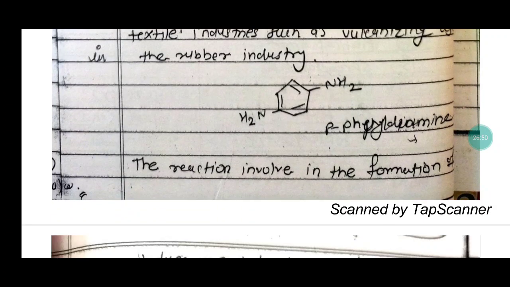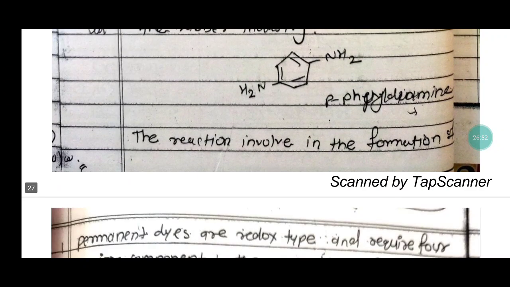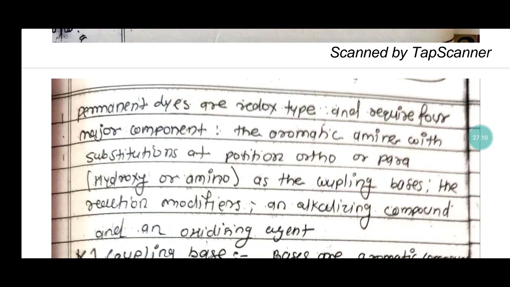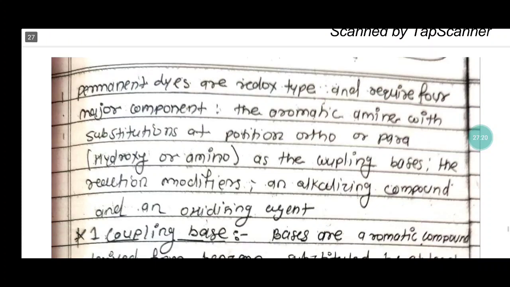The reactions involved in the formation of permanent dyes are of redox type and require 4 major components: aromatic amines with substituents at position ortho or para, hydroxy or amino, as the coupling bases, the reaction modifiers, the alkalizing compound and an oxidizing agent.